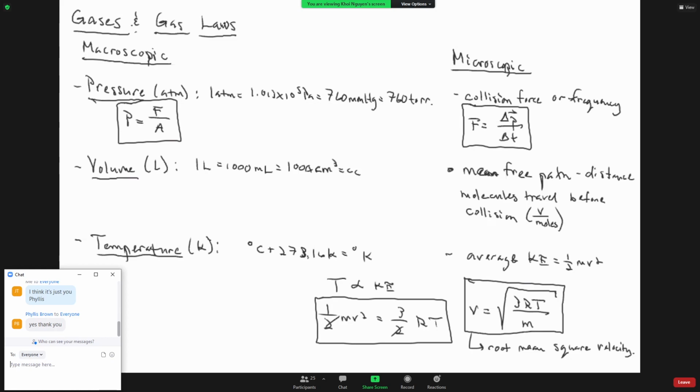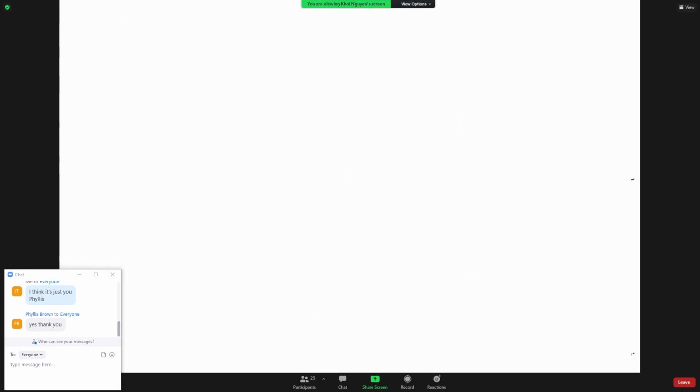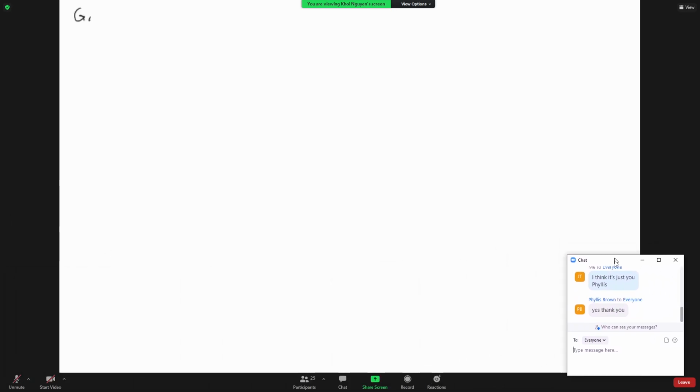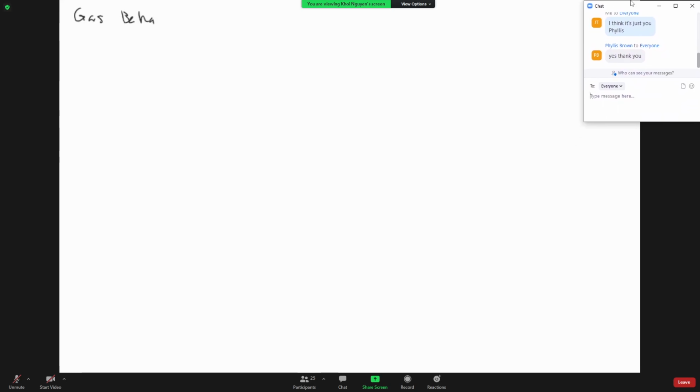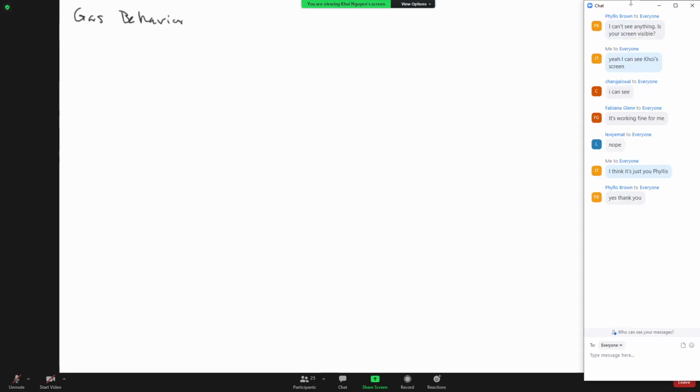All right, so now let's compare real gas behavior versus ideal gas behavior. So let's look at gas behavior and when we're going to have what being applied for our ideal gases versus our real gases. So let's first look at ideal gases.